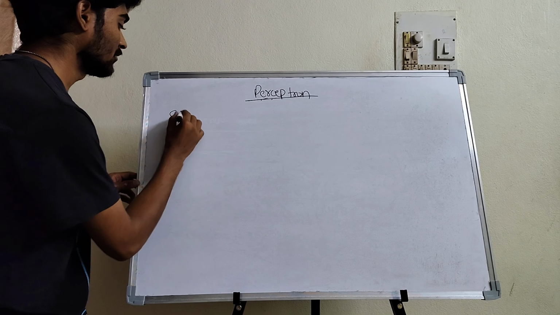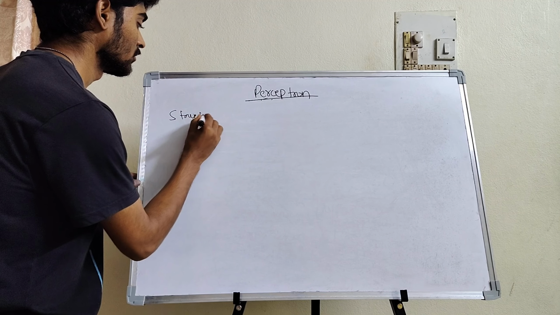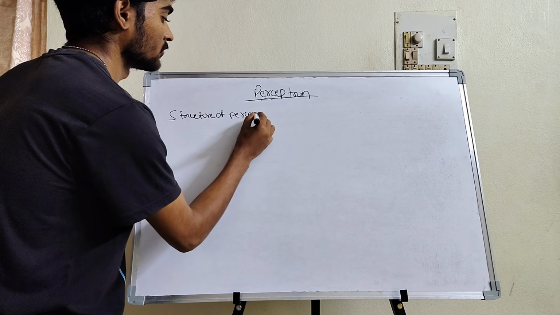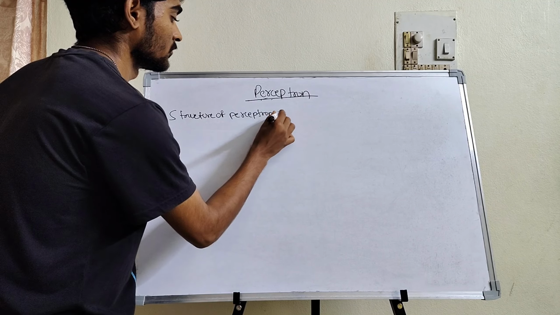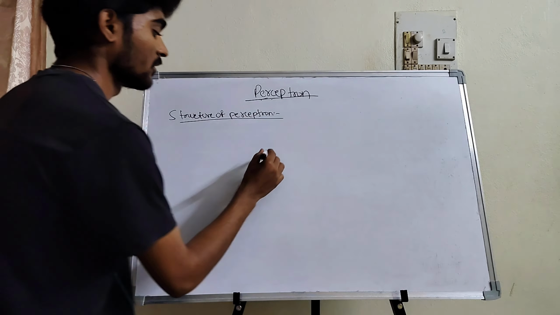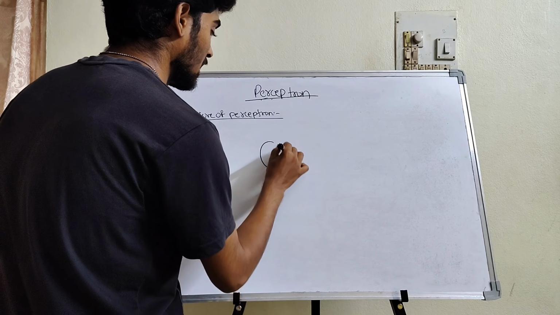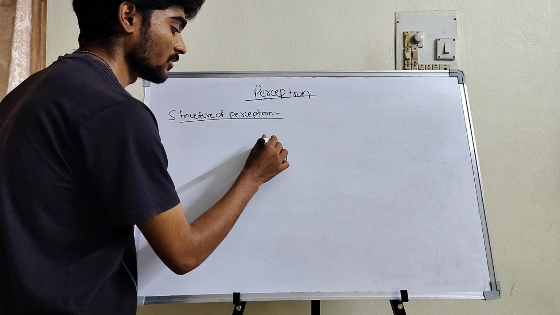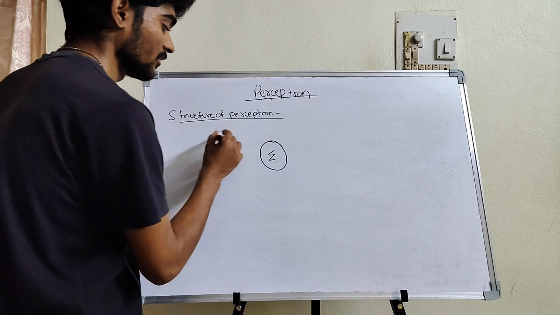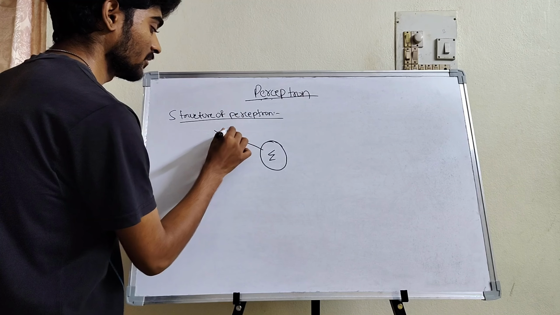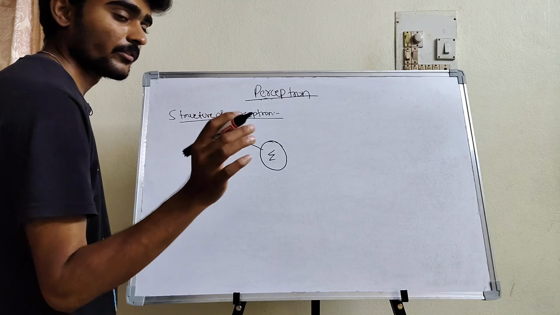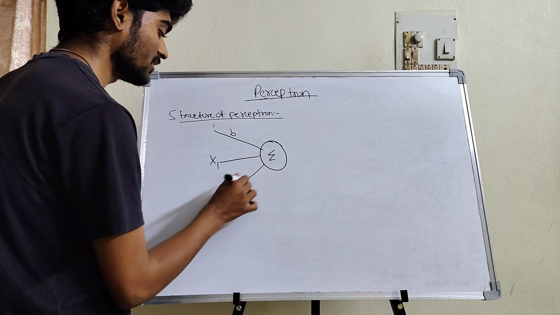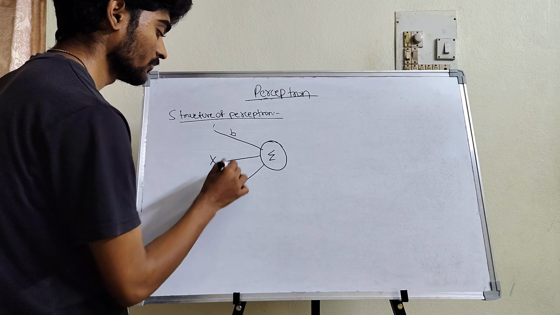Okay, structure of the perceptron. Initially we'll have a weighted sum calculator. This is our bias multiplied with some coefficient. These are our features, let's say x1 and x2.